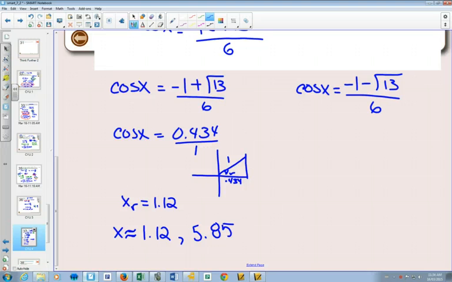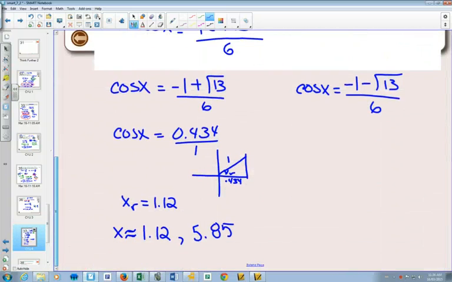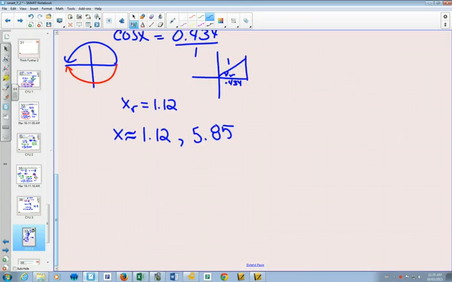Of course, in this one, what is it asking for? From negative pi to pi. So negative pi would be looking this way. Pi would be, 0 to pi would be looking this way. So our actual answers that we're going to circle in the end, well, we're going to include 1.12 because that's the positive answer between 0 and pi.